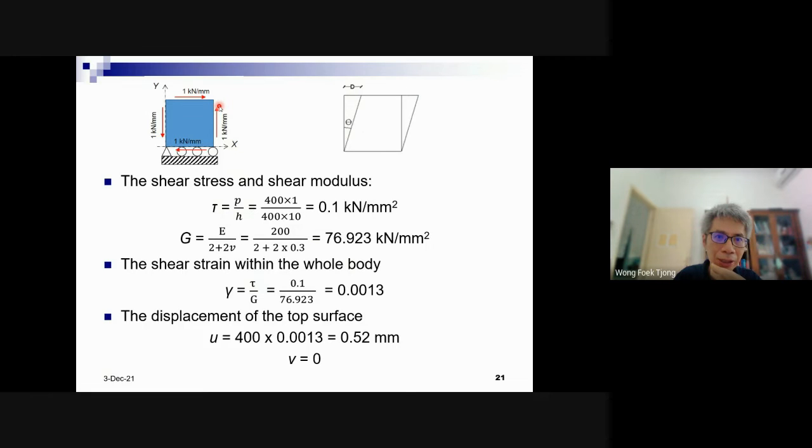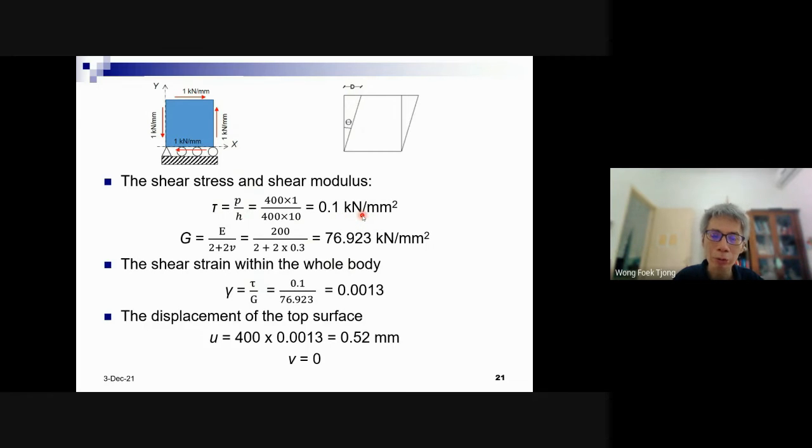Sorry, 1 is the force, I mean. And then the thickness is 10, just like before. So the stress, or the surface traction, also the shear stress, is 0.1 kilonewton per square millimeter.